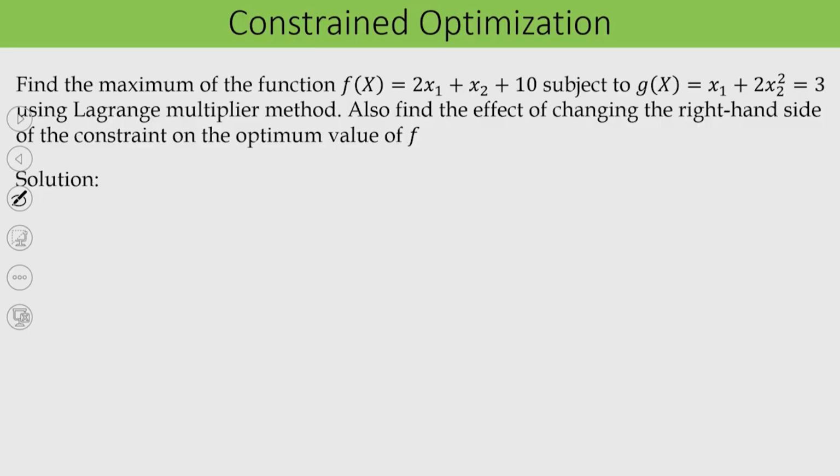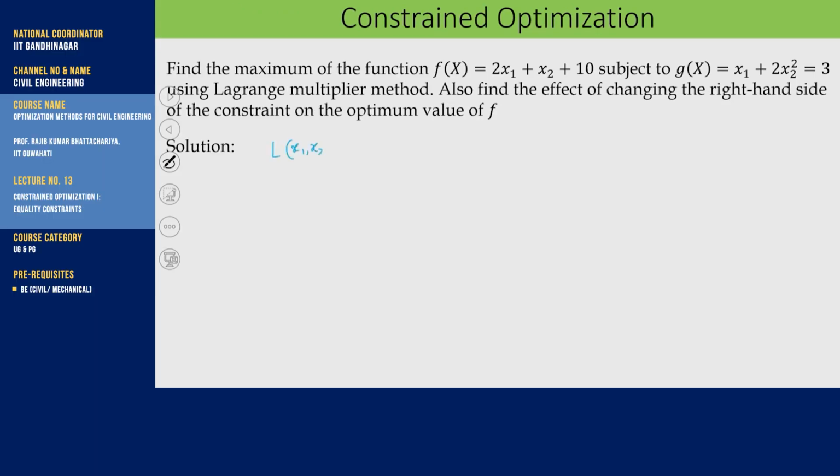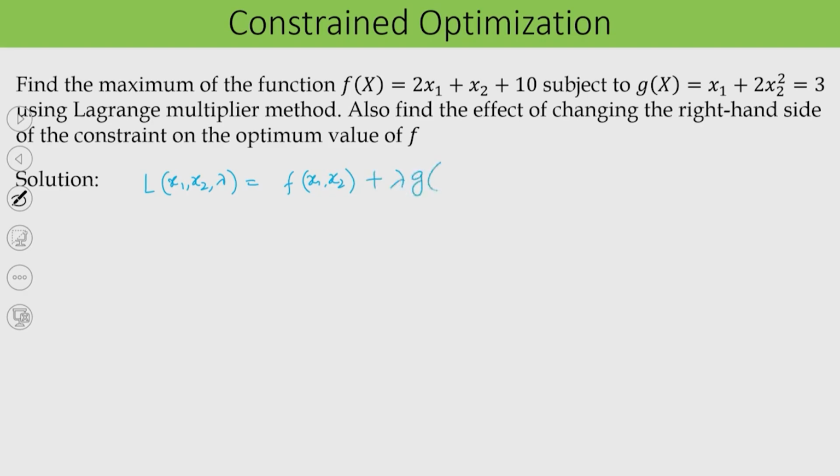So, I will write the Lagrange function now. The Lagrange function L of x 1, x 2 and lambda is equal to f of x 1, x 2 plus lambda times g of x 1, x 2.